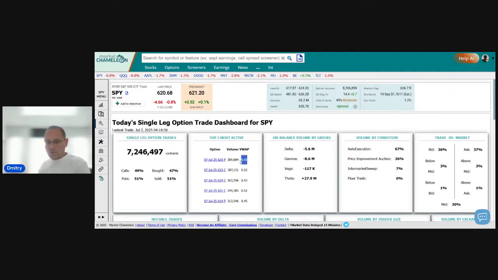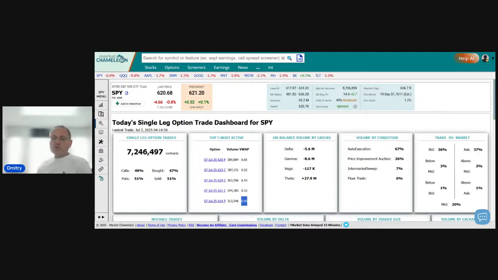That's the volume weighted average price, so it's not averaged by trade, it's averaged by the volume of the trade. Down below you can see the next ones: 623 call, 624 call, July 7th, 621 call, 619 put, with the volume weighted average prices next to them.